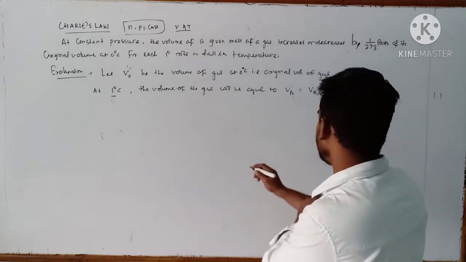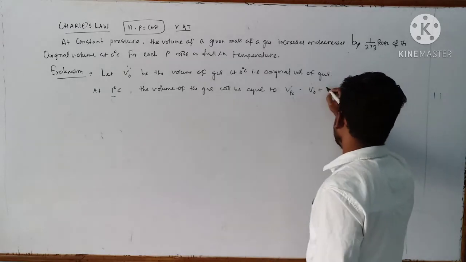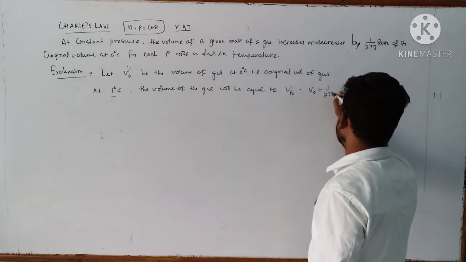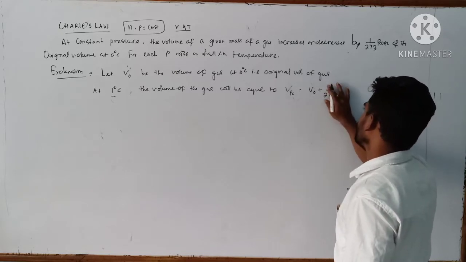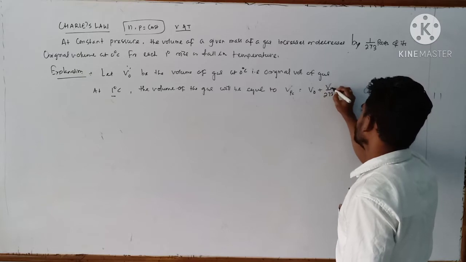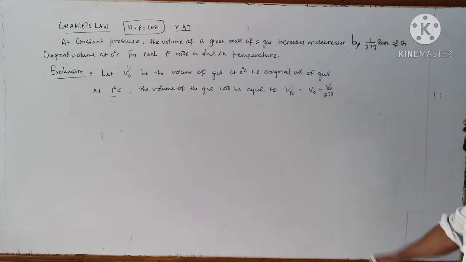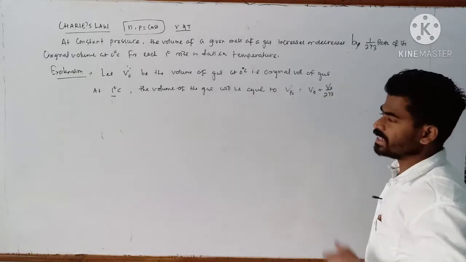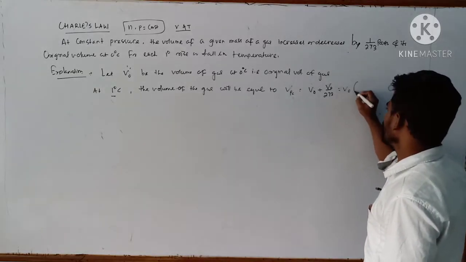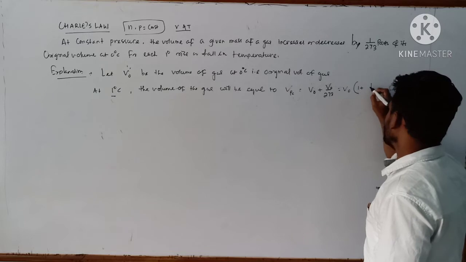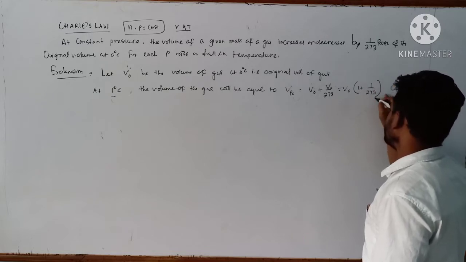So at 1 degree centigrade, 1/273 parts of its original volume is V naught by 273. So I can write over here V naught plus V naught by 273. This is the increase in volume due to 1 degree rise in temperature. So that can be written as V naught into 1 plus 1/273. Is that clear?